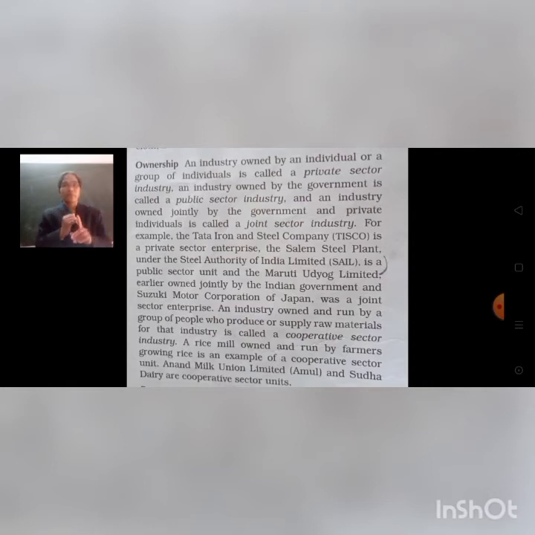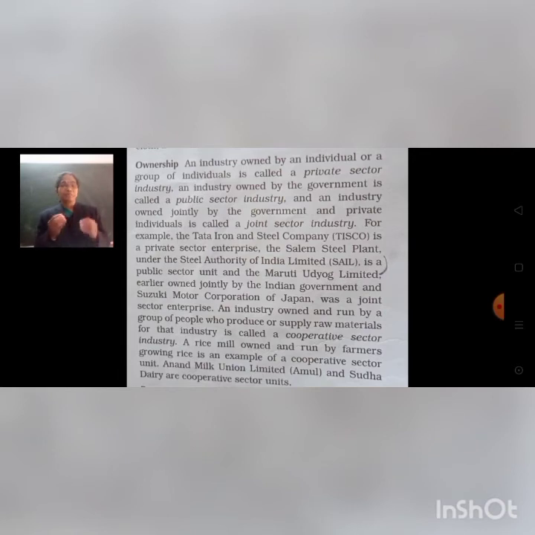An industry owned by an individual or a group of individuals is called a private sector industry, and on the other hand, an industry owned by the government is called a public sector industry.